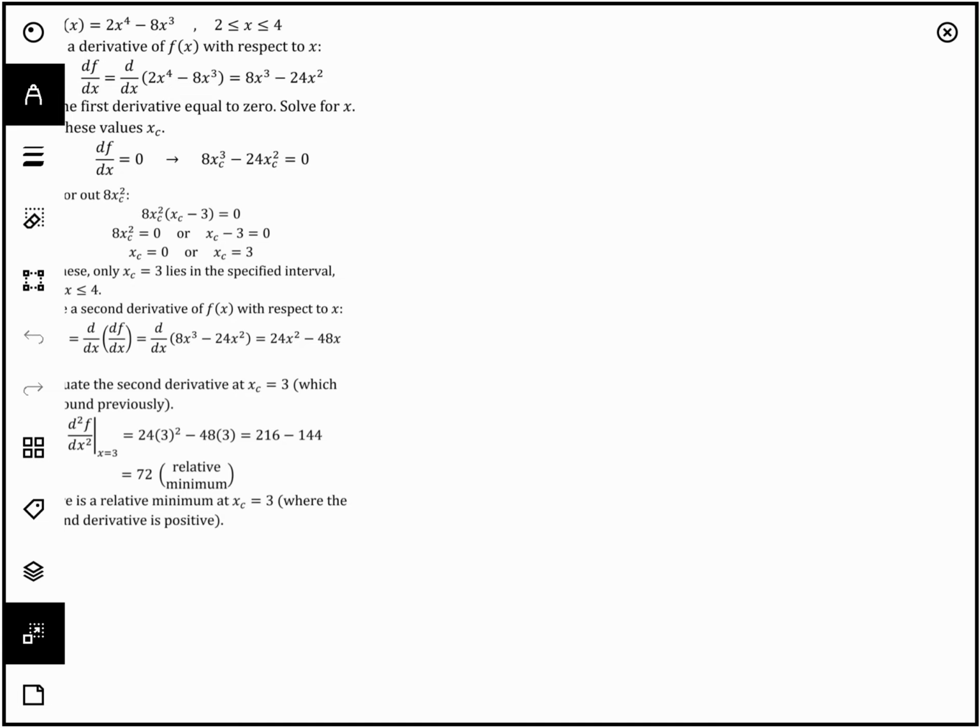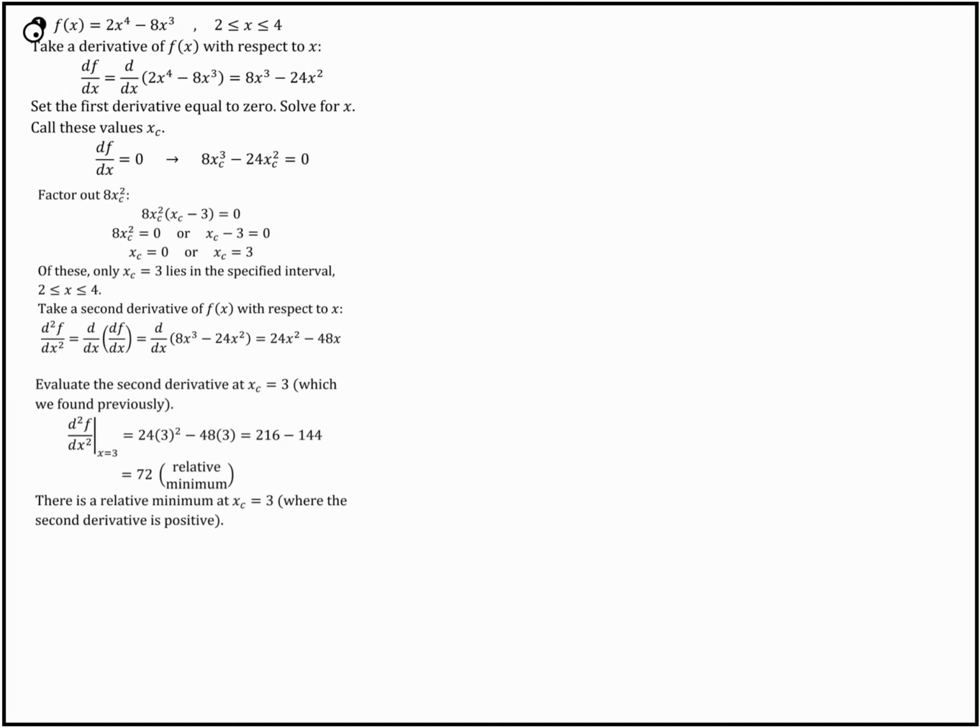All right, so when we're talking about extreme values, we're going to take the original function and we're going to take the derivative. So the derivative of this is going to be this function. And then at that point, we're going to take this function and set it equal to 0. Wherever this function is equal to 0, we're going to figure out those x values.